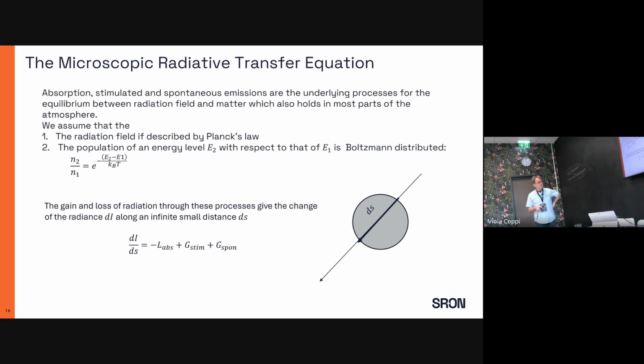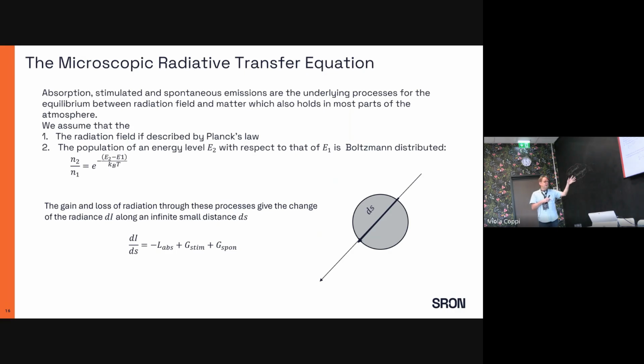Assume that we have a volume, and we look at what happens with the light along a small distance ds, and there's some material in it. There are n particles in total, n1 in the ground state and n2 in the excited state. We assume that this matter is in equilibrium with radiation, and then Boltzmann was the guy who told us that if it is in equilibrium, there's a certain distribution between molecules in the excited state compared to the ones in the ground state, the Boltzmann distribution.